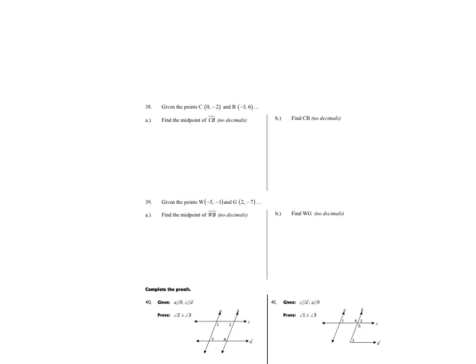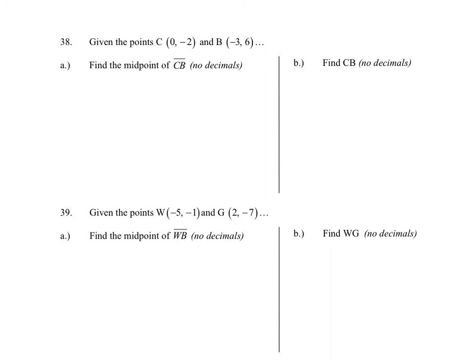All right, so let's look at problem 38 now. It asks us to find the midpoint. Midpoint tells me that I am going to look at my ordered pair. Looking at my X values, I'm going to average those.